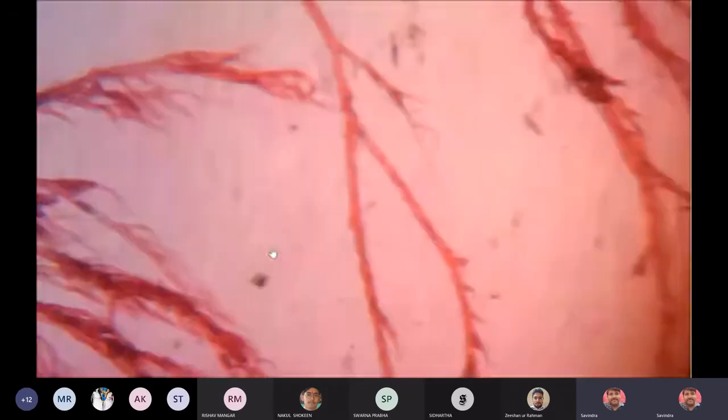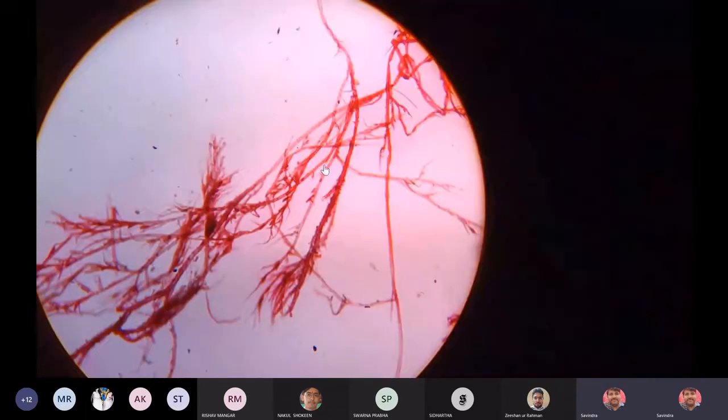Sometimes students get confused in ectocarpus and polysiphonia. Just try to enlarge this any part of this screen. एक बार enlarge कीजिए. You will see that each and every filament is a tube-like structure, single tube-like structure.